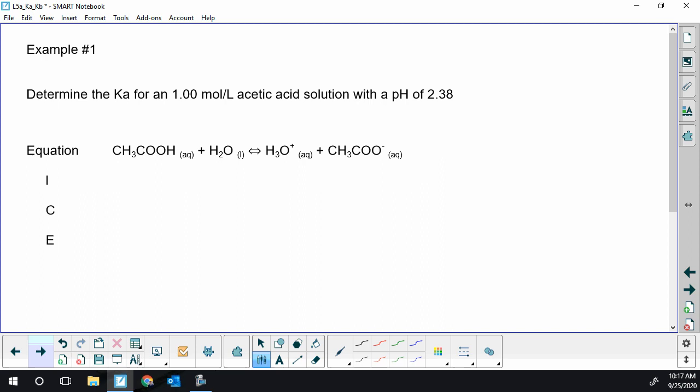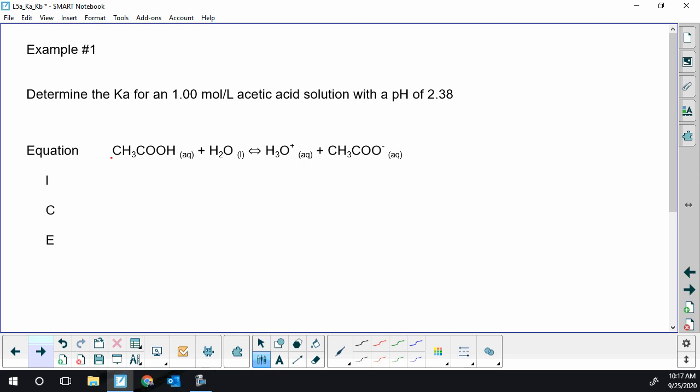So determine the Ka for 1 mole per liter acetic acid, and the pH is given. And then I've set this up. I've written the Bronsted-Lowry equation for acid plus water producing hydronium, and acetate is the name for that conjugate.